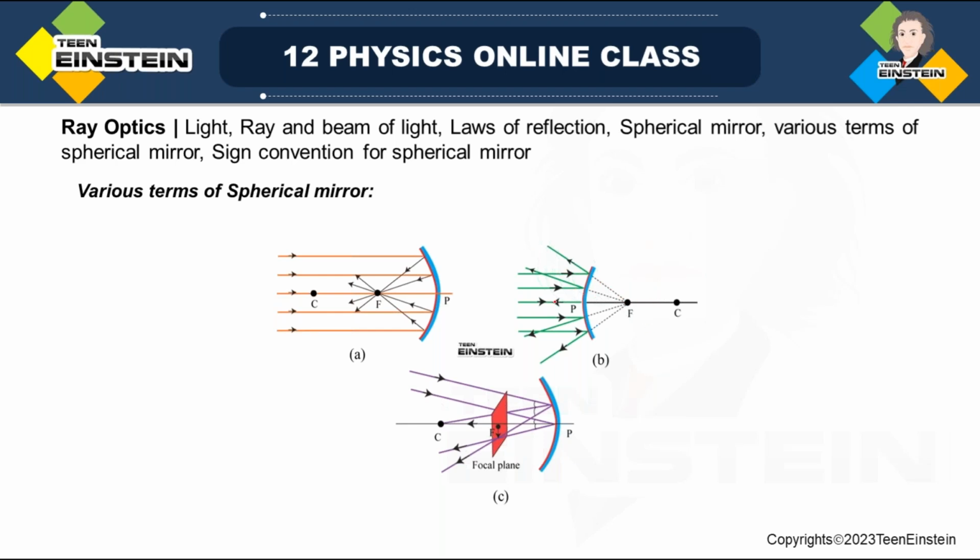So in case of convex mirror, principal focus is the point on the principal axis from which a parallel beam of light after reflection appears to diverge.